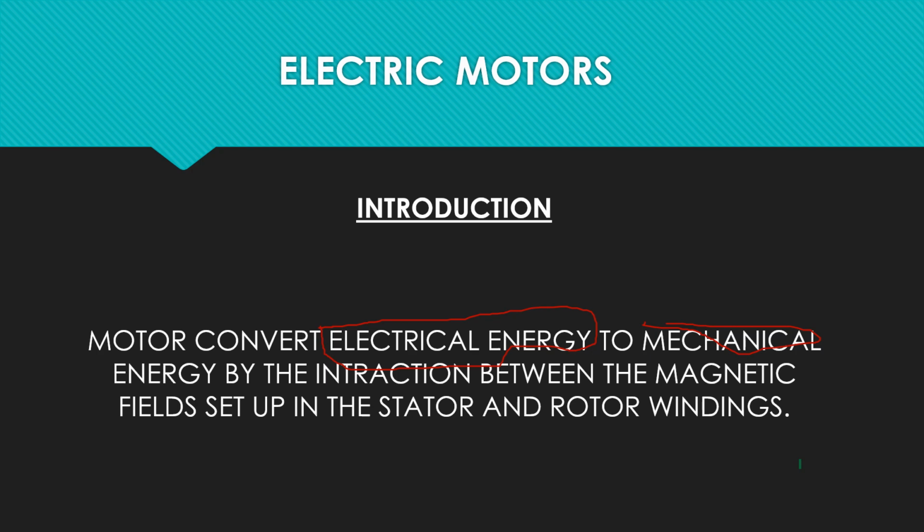In a motor, there are actually two parts: a stator and a rotor. The stator part is the static part of the motor, while the rotor part is the rotating part of the motor. The stator never rotates. It is stable in its own place, whereas the rotor is the rotating part.